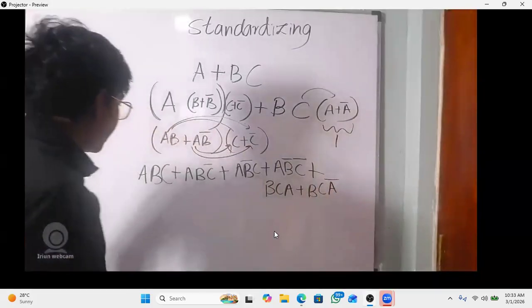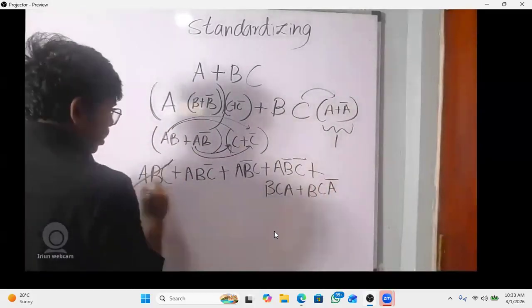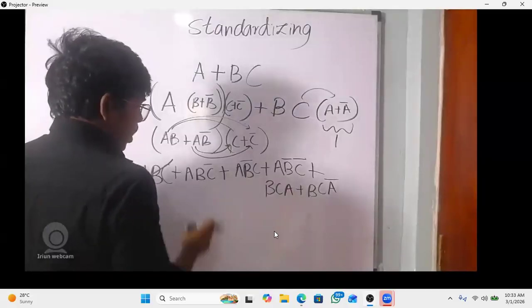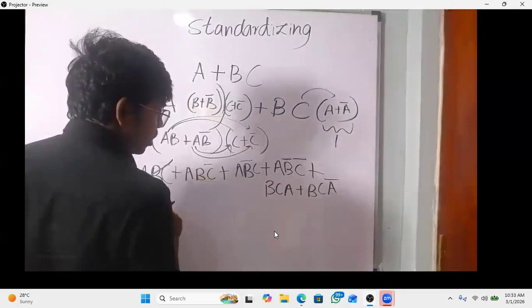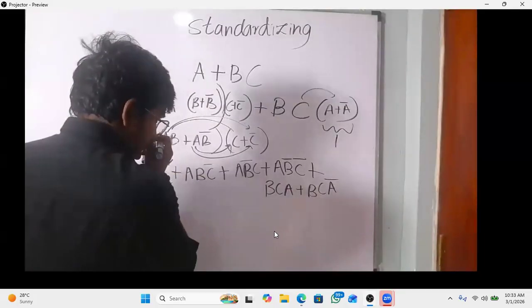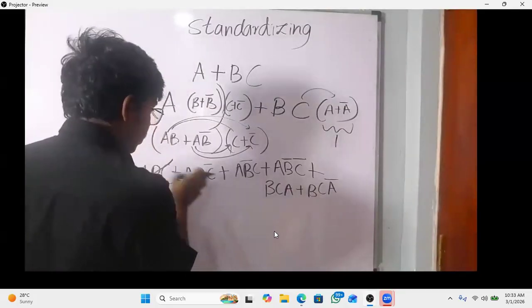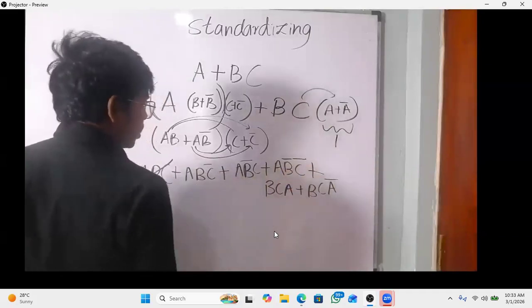You can cut the repeated terms. This one is repeated. Now, anything else? Nothing else repeated, right? 1, 2, 3, 4, 5. Nothing else repeated. This is your answer.